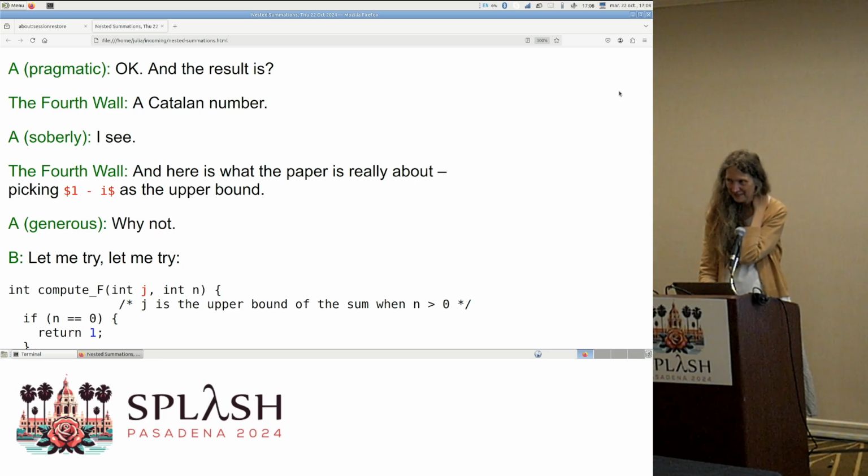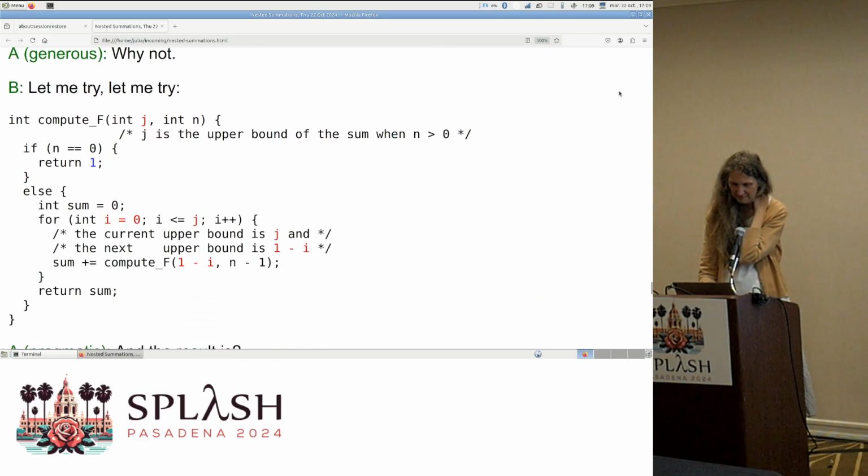And here is what the paper is really about. Picking 1 minus i as the upper bound. Why not? Let me try. Int compute f, int j, int n. If n equals 0, return 1. Else int sum equals 0.